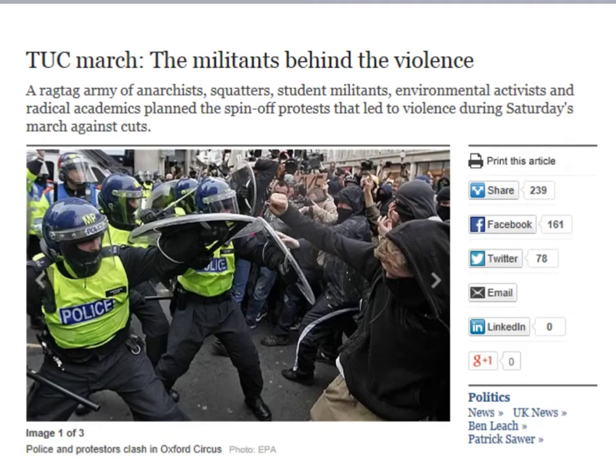One of the examples that I want to have a look at in class is this particular media text, which is an article that appeared in the Daily Telegraph newspaper a few years ago after there had been violence during a demonstration and march organised by the trade union movement to protest against government cuts. And what I'd like you to have a think about before you come to class is how we can apply the decoding model to this particular story.